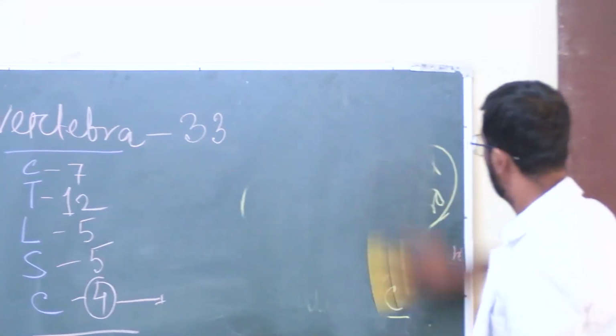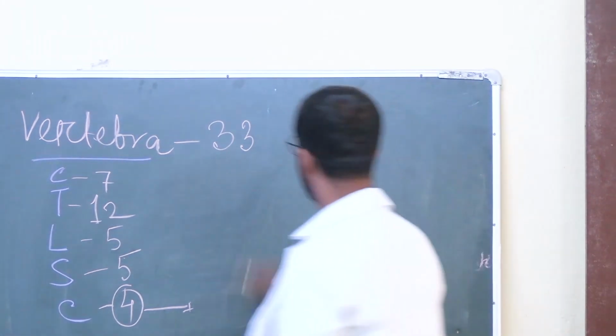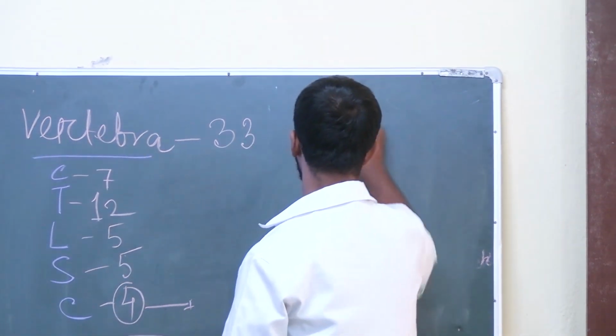Ideally, if one spinal nerve arises along one vertebra, there should be 33 spinal nerves. But this is not the case. Usually there are 31 spinal nerves in our body. We will see how.